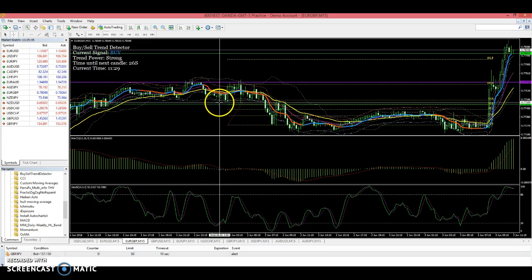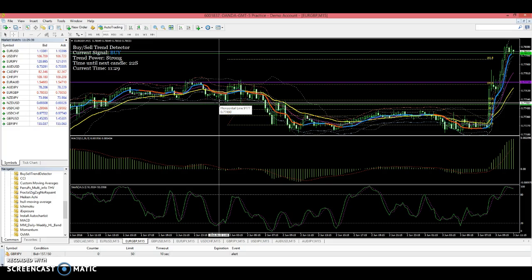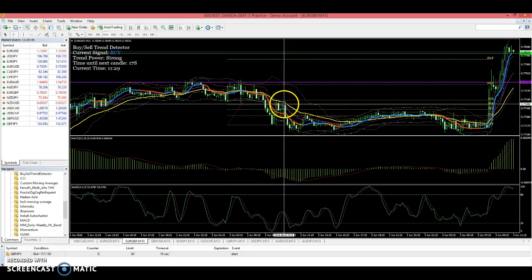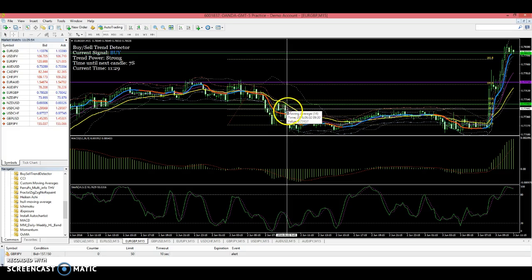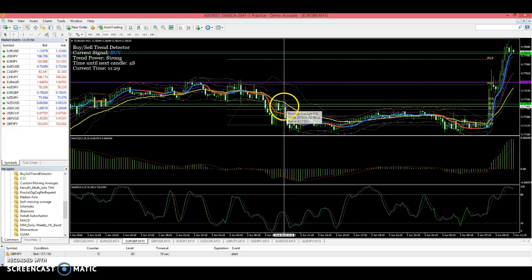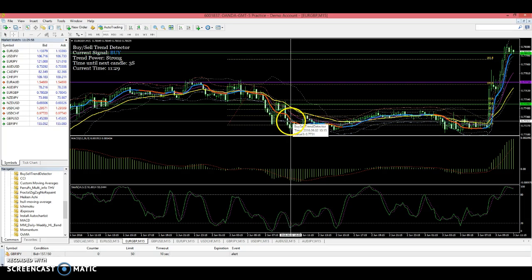If you were to trade this, you would have entered at 0.77504, and you trade for a put. You see the candles, it drops down. It drops down again. See, you would have won that trade for an hour. So if 4 candles equals 1 hour, 1, 2, 3, 4, it drops all the way down there. You would have won that trade too.